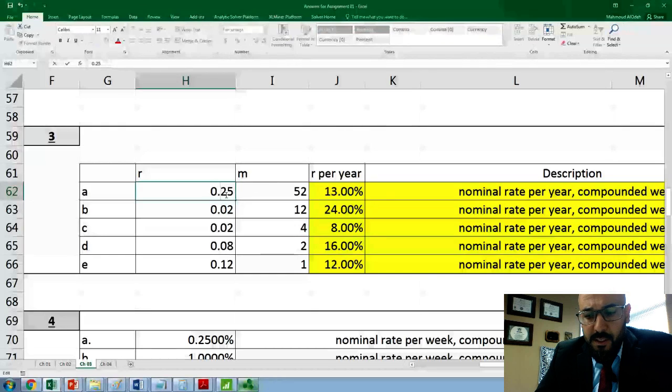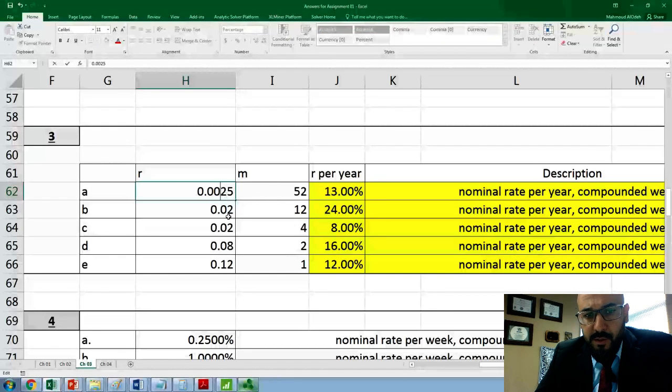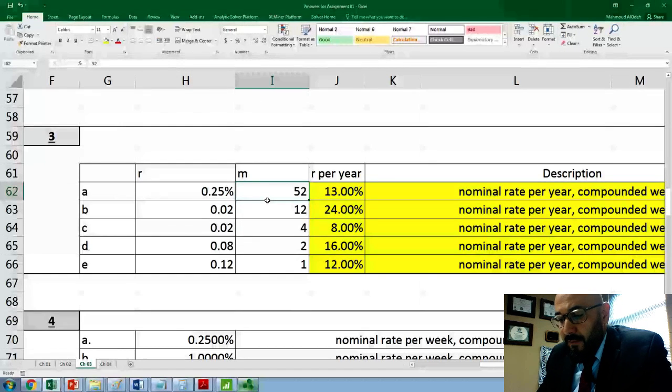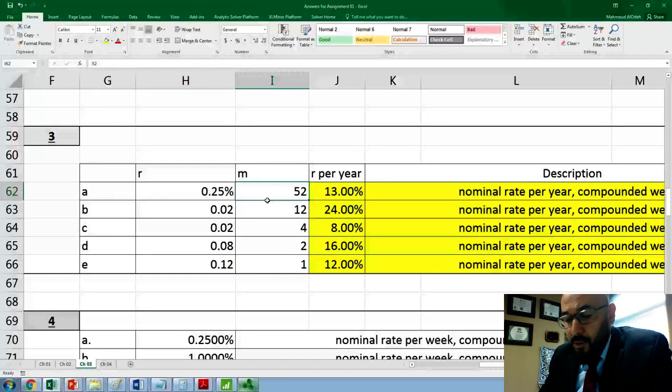So let's use the decimal format, 0.0025, and now we need to find what would be the nominal interest rate per year. And as you see from the question, 0.25% per week, compounded weekly.